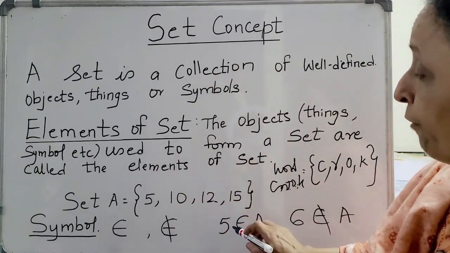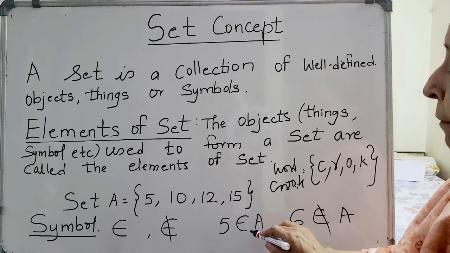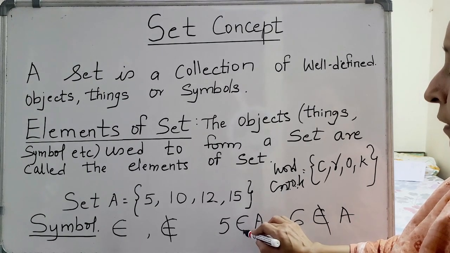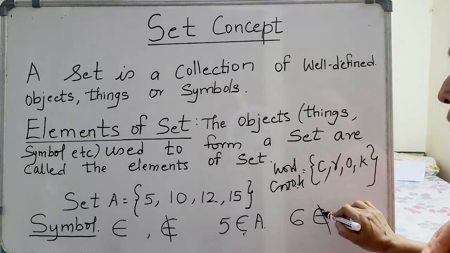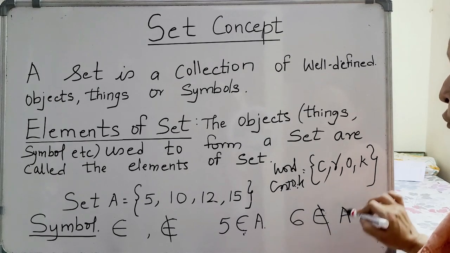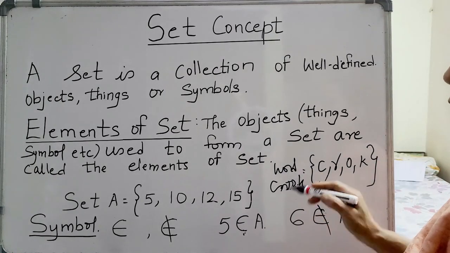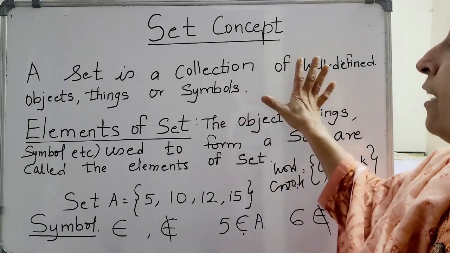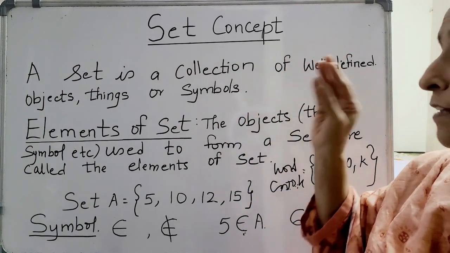And when you have to say that this particular element belongs to that set, you put this symbol. And when you have to denote that it is not an element of the set, then you put a stroke that it does not belong to that set. So a set is a collection of objects or symbols.